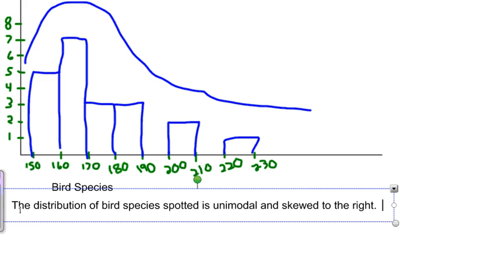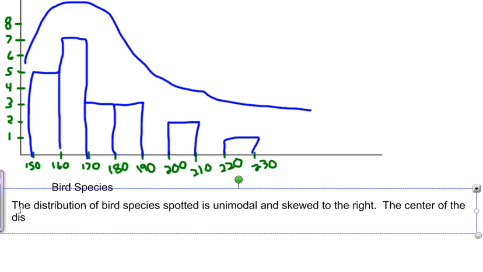The center looks like it's probably around the middle 50%, around 160 to 170 birds. So I said the center of the distribution is around 160 to 170 bird species.